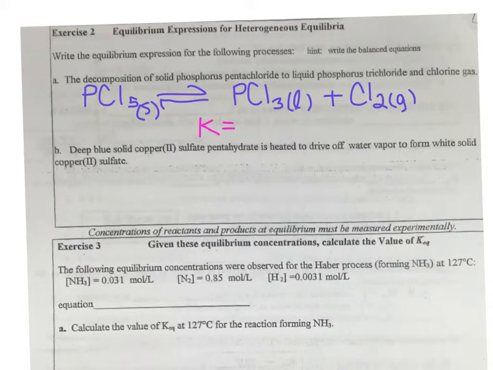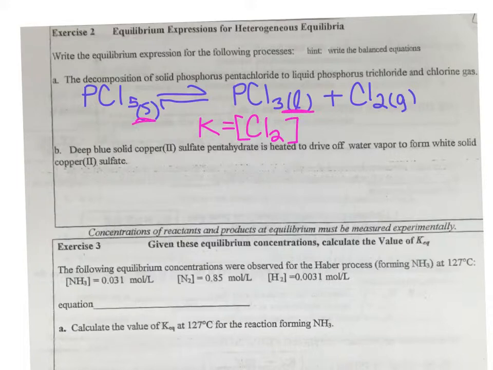All right. So looking here, what would be my expression? Be careful. I heard you guys say Cl2. Is that it? Yeah. Because what do I have here? What's this? That's a liquid.